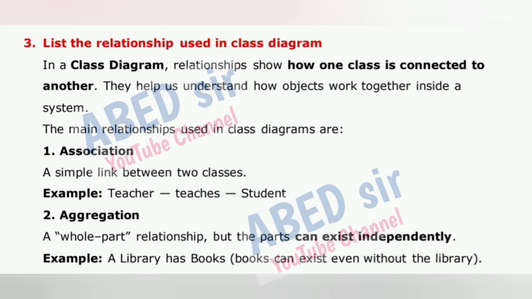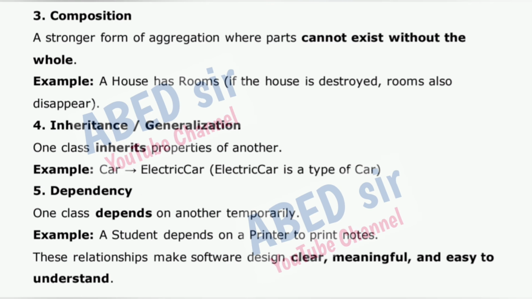2. Aggregation. A whole-part relationship, but the parts can exist independently. Example, a library has books; books can exist even without the library. 3. Composition. A stronger form of aggregation where parts cannot exist without the whole. Example, a house has rooms; if the house is destroyed, rooms also disappear. 4.